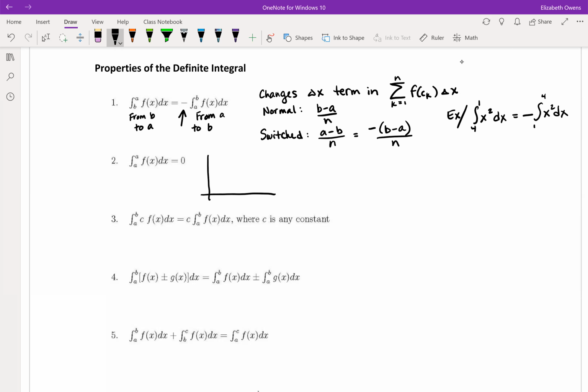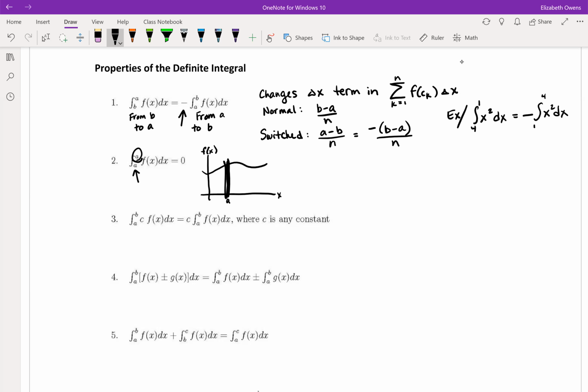If you consider that the definite integral represents the area underneath the curve, there's some generic f of x there. You're saying, I'm going to take the area under this curve, starting at a and finishing at my upper limit, which is also a. So I'm going to start here and end in that exact same place.